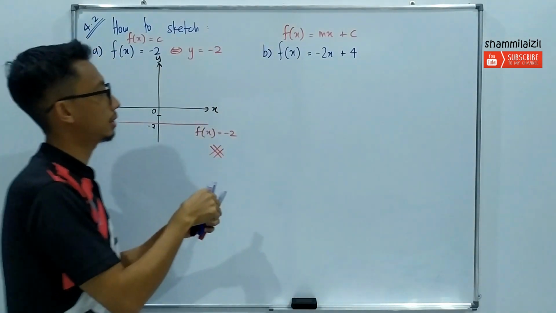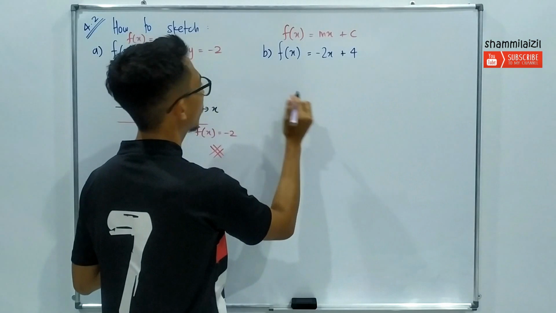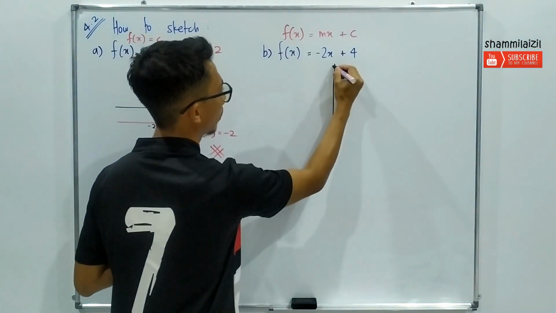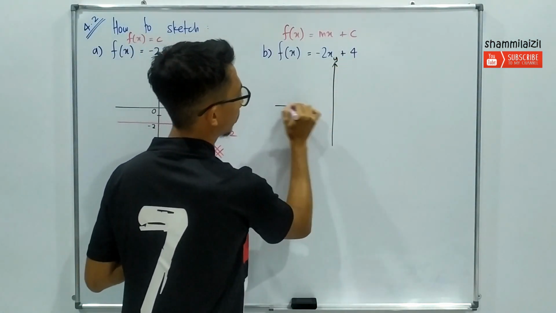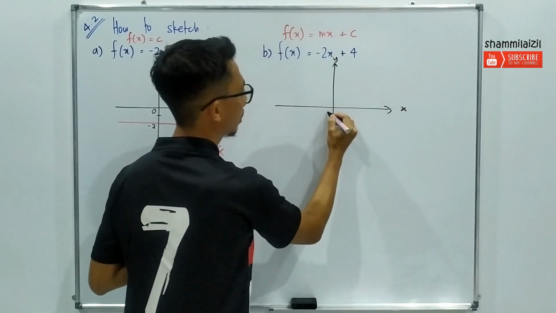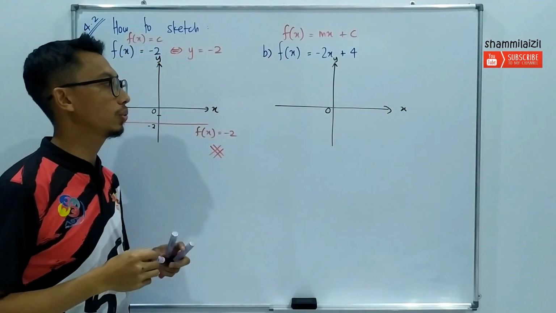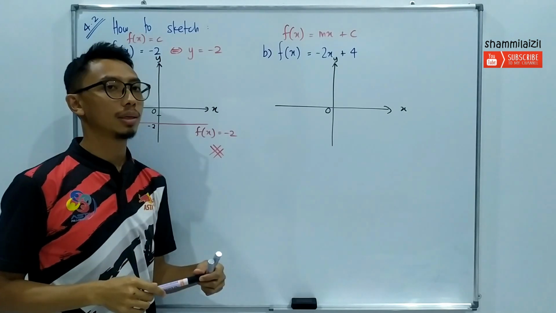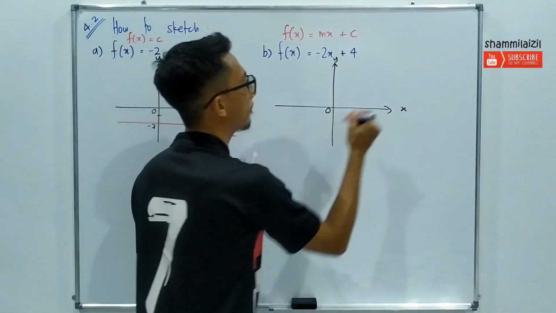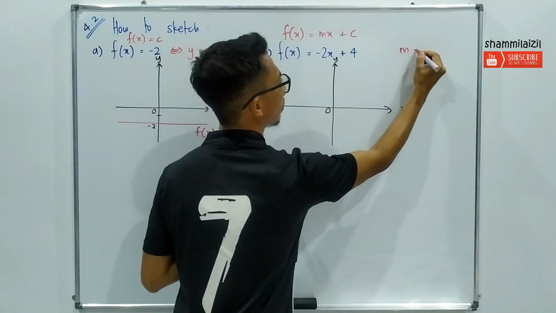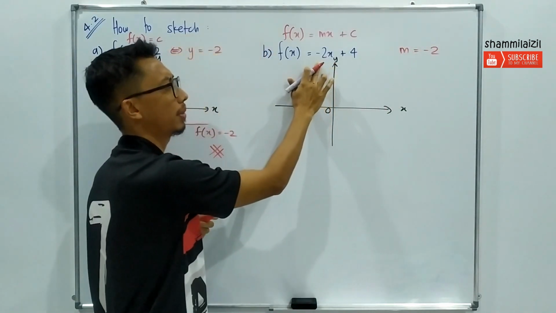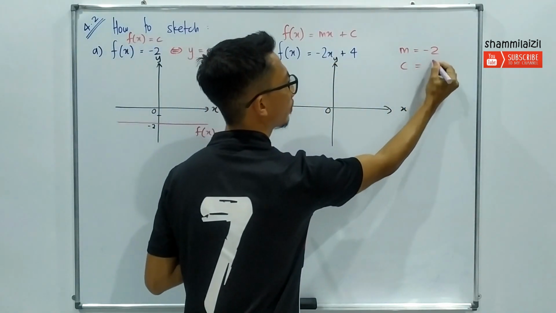So how do we sketch this one? First of all, draw your axes. Don't forget to always label your axes, and then your origin. So how do we get the straight line? Easily guys, m is minus 2, right? Your m is minus 2, your c is 4.